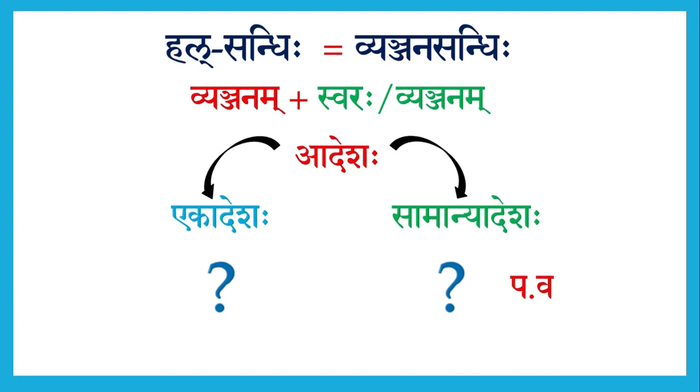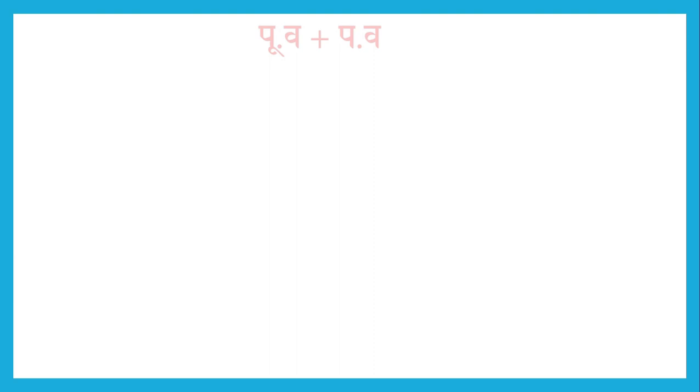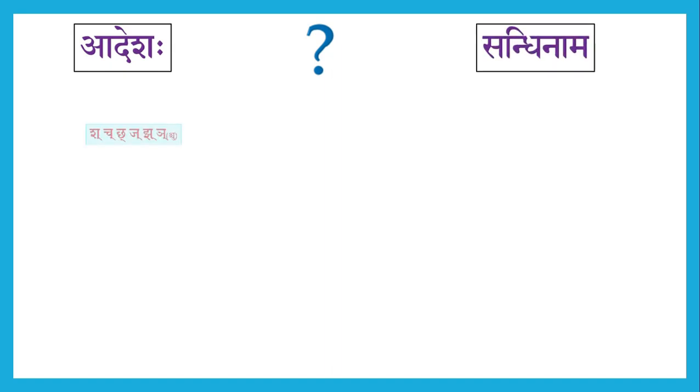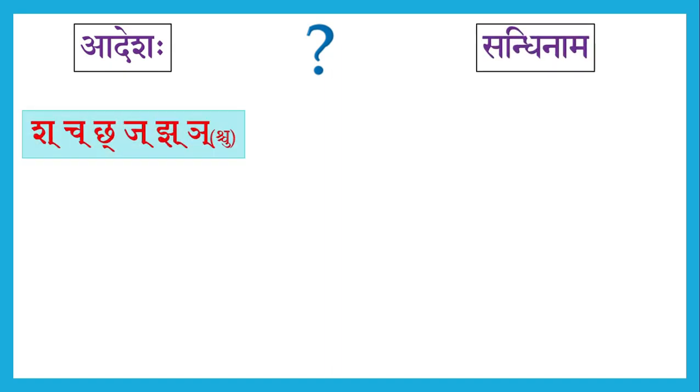Sandhis are classified based on what kind of letters enter as Adeshaha. When we find that any of these letters, that is Sha, Cha, Chha, Ja, Jha or Nya, which are collectively called Shchu in Samskritam, enter the Sandhihi, we call them as Shchutva Sandhihi.